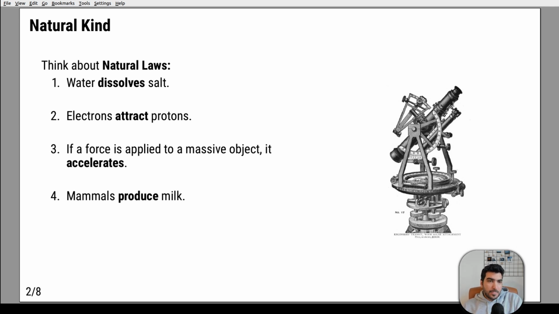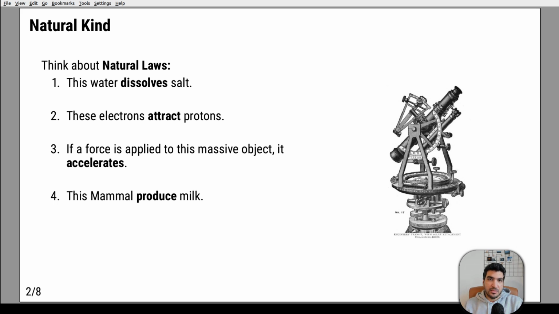Now, we can turn this into a dispositional exemplification by looking at an instance of these kinds that are the subject of these sentences. So if you look at an instance of those kinds, then we will get a dispositional exemplification. This water dissolves salt.